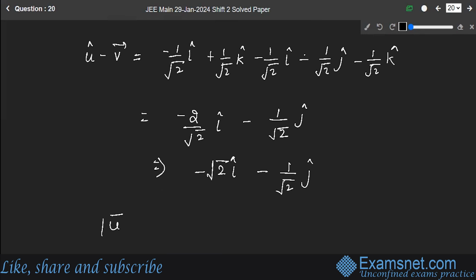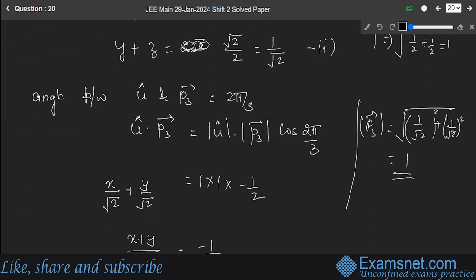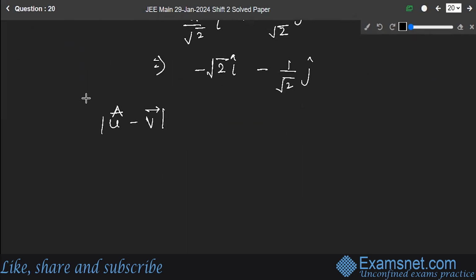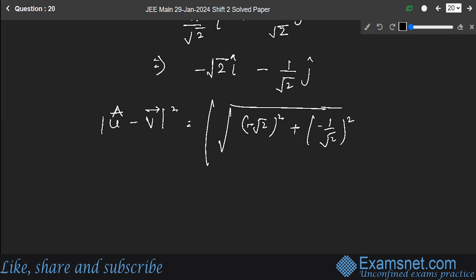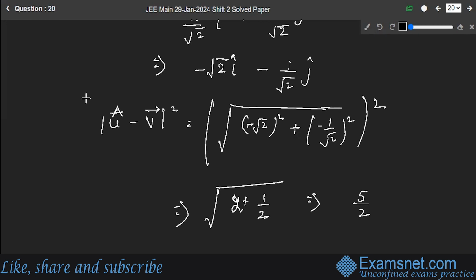I have to find out the magnitude of this. So the magnitude square will be given by minus root 2 whole square plus minus 1 by root 2 whole square. This is 2 plus 1 by 2. This is 5 by 2.